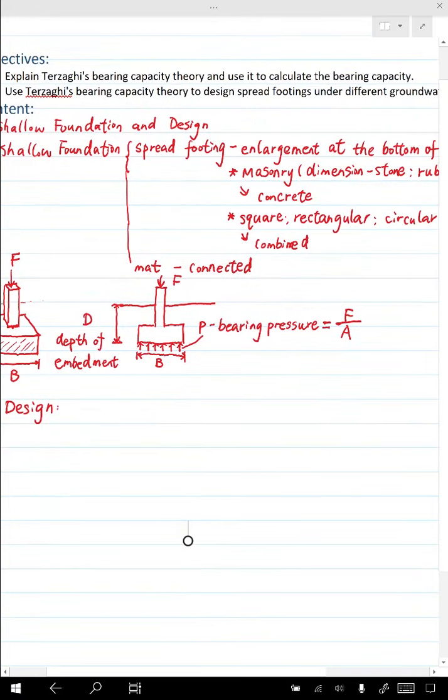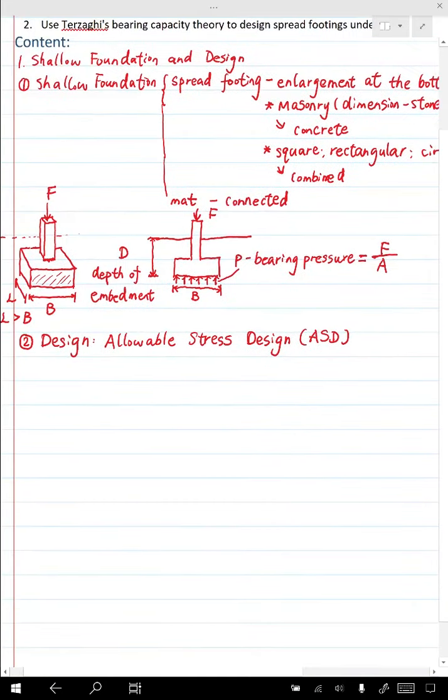So the first thing that we want to know, that is the design method. In foundation engineering, usually we use the allowable stress design, ASD. So this one is kind of the simplest design method.